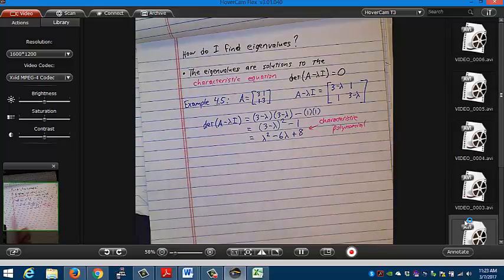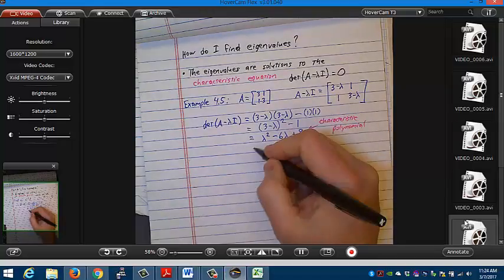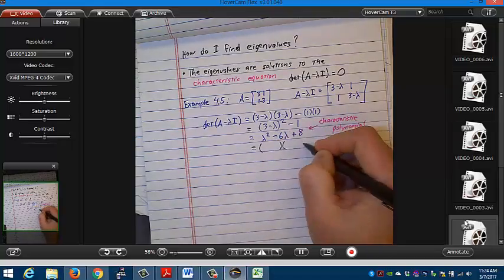How do you solve it? Factor. If you're lucky, you factor. Quadratic formula, right? You guys are all familiar with that, right? Okay, so we have the quadratic formula. Negative b plus or minus square root of b squared minus 4ac all over 2a. Or, does it factor? Are we really lucky here?